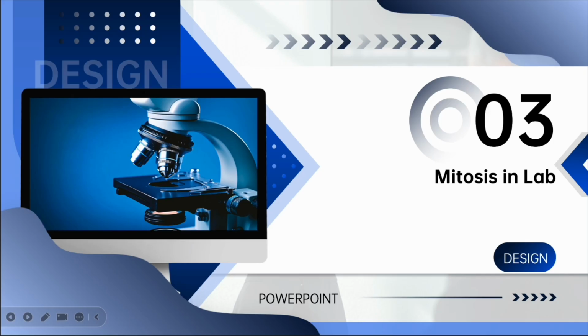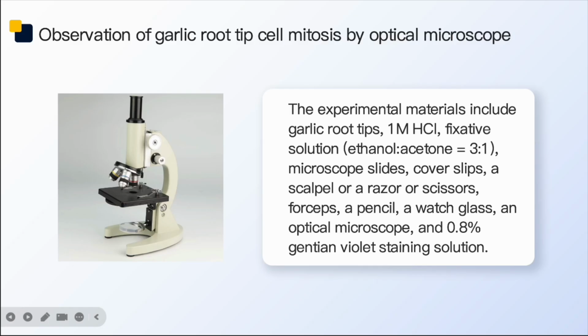Then I'm going to talk about mitosis in our lab. One of our labs is about the observation of garlic root tip cell mitosis by optical microscope. For the experimental steps, first we cut about 1 centimeter long roots from vigorously growing garlic root tips and soak them in the fixative solution for 3 minutes.